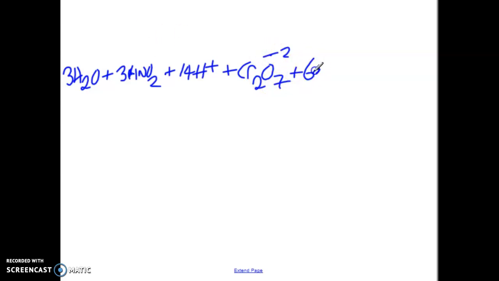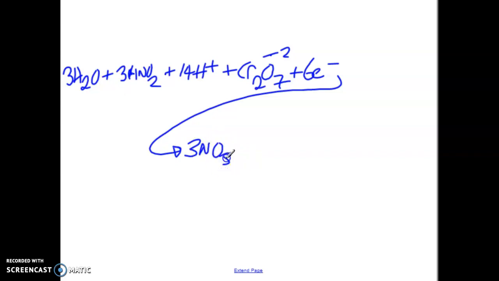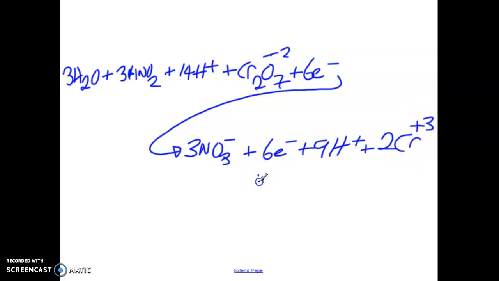Dichromate plus our 6 electrons. Okay, I'm going to put the product side just down here. So then we have 3 NO3 plus 6 electrons plus 9 hydrogens plus 2 chromium ions plus 7 waters.